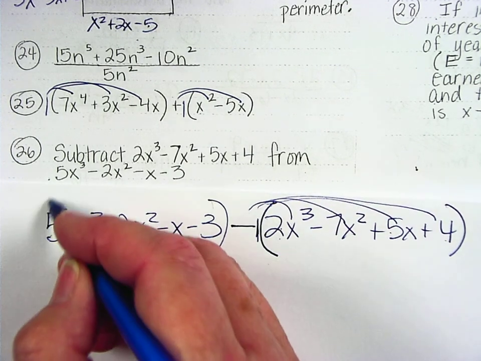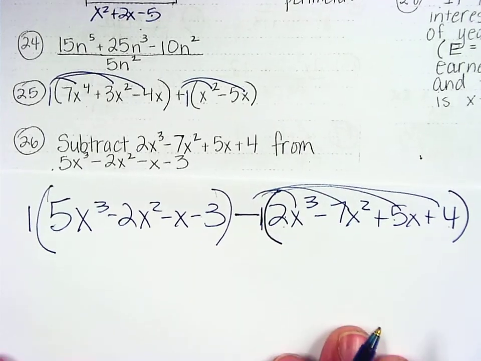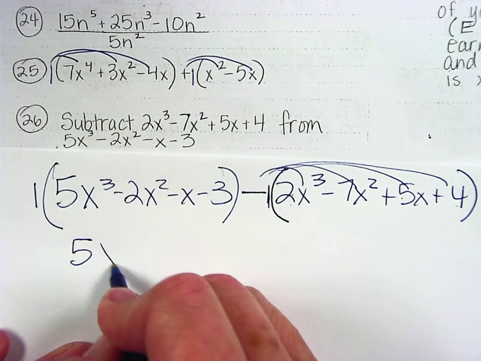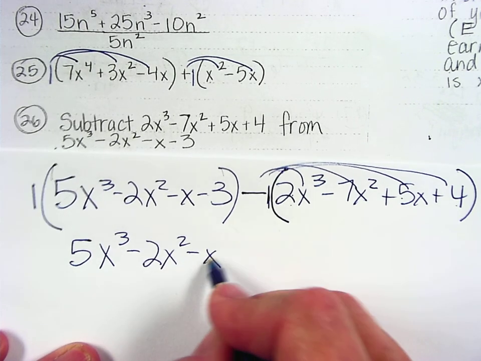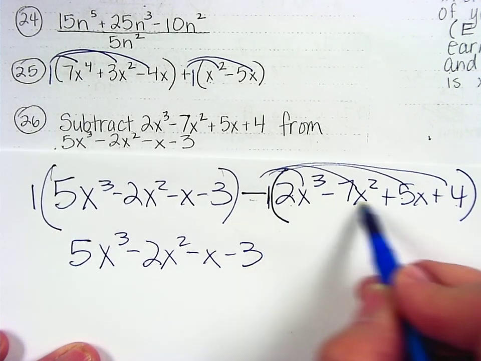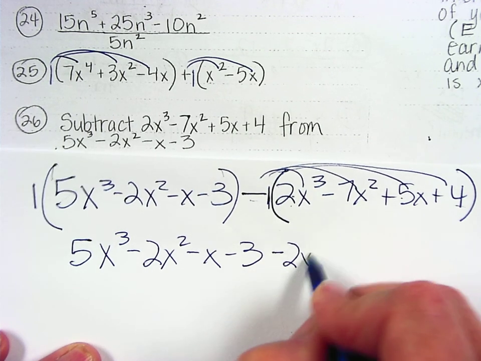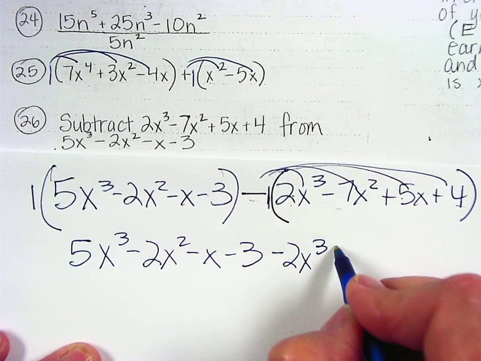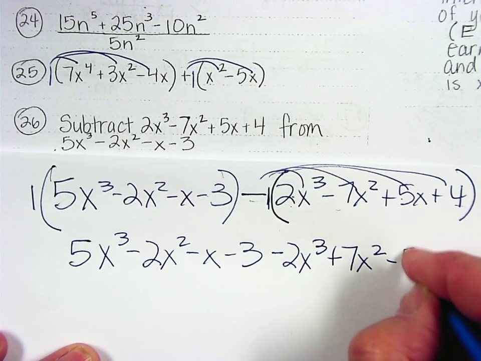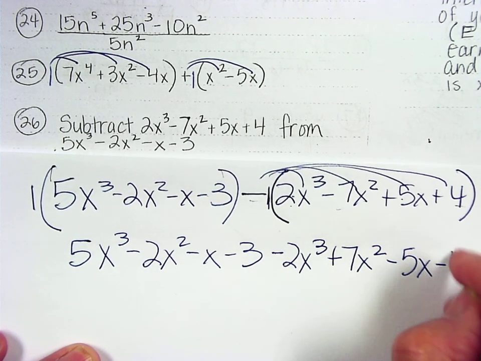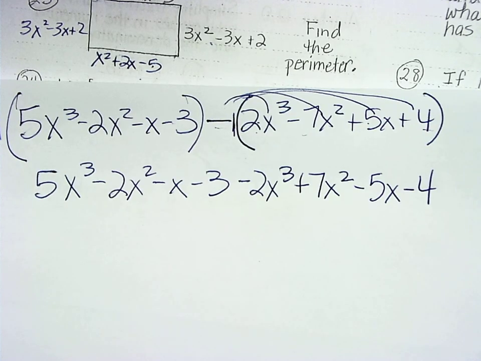Now I could put this in parentheses, but I'm just going to distribute a positive 1 and nothing's going to change. So I still have 5x to the 3rd minus 2x squared minus x minus 3. Now I'm going to subtract all these, so they're all going to change. This is negative 2x to the 3rd. This negative 7x squared becomes positive 7x squared. Positive 5x becomes negative 5x, and positive 4 becomes negative 4. Now I'm going to combine like terms as much as I can.